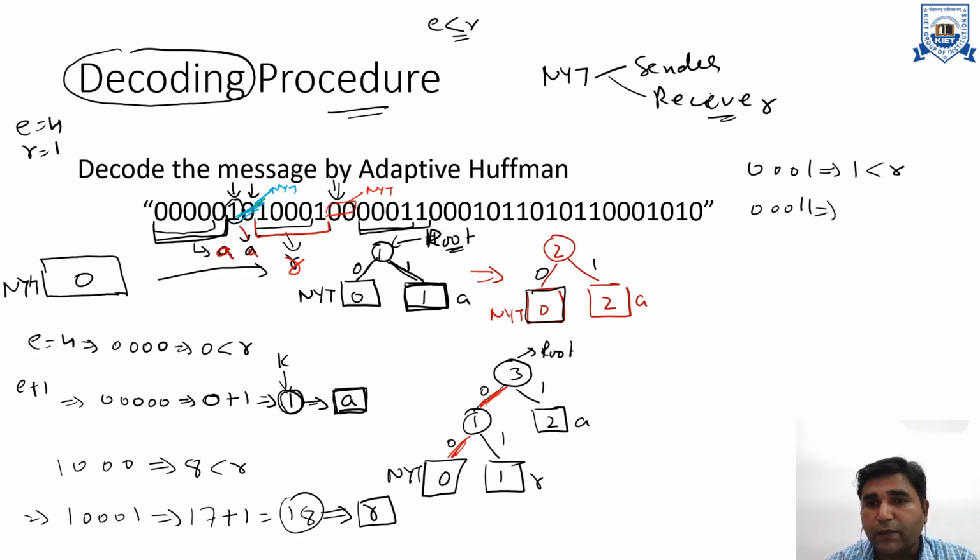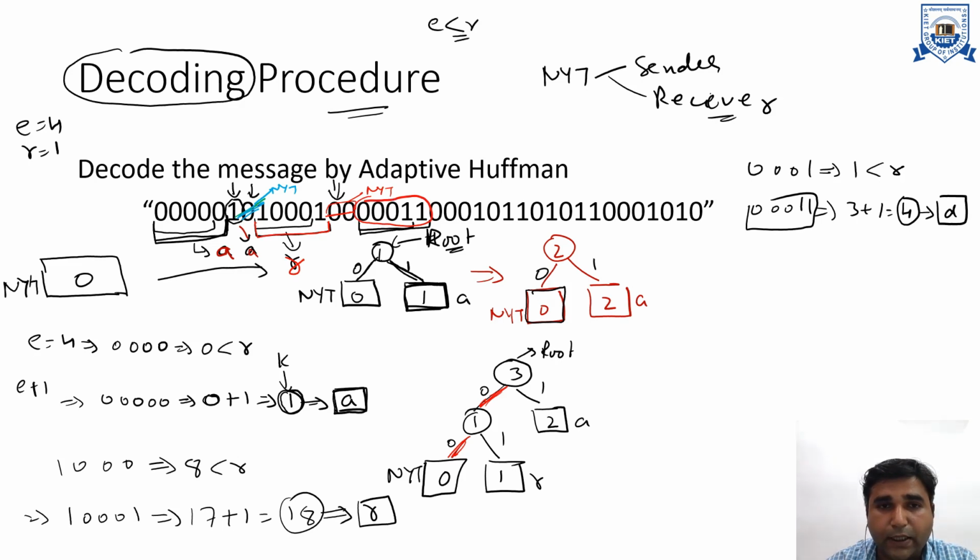So 00011 means 3, and by adding 1 we get the value 4. So at position 4 we get the symbol D. So for these 5 bits 00011, we get another symbol, that is D.